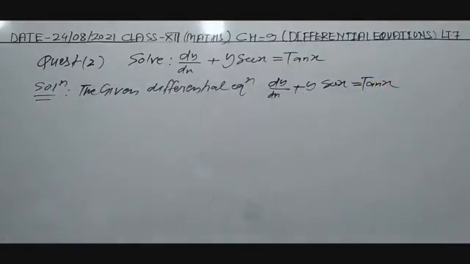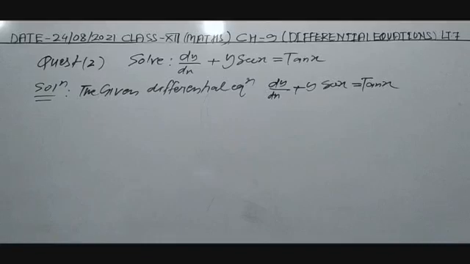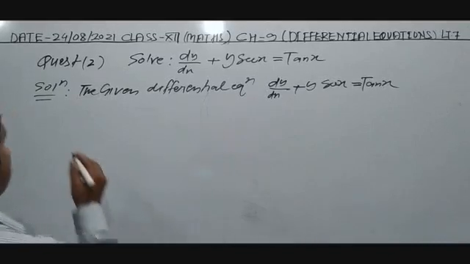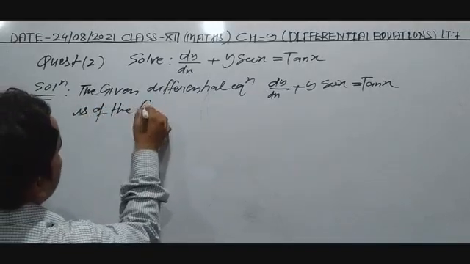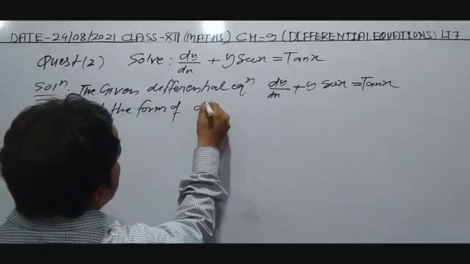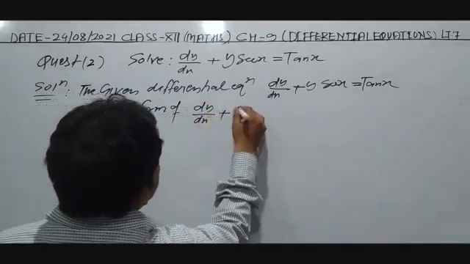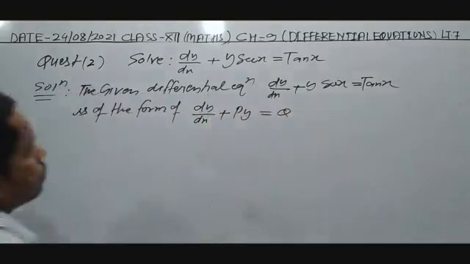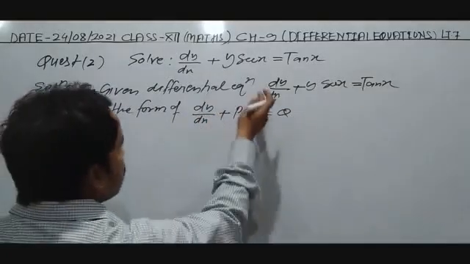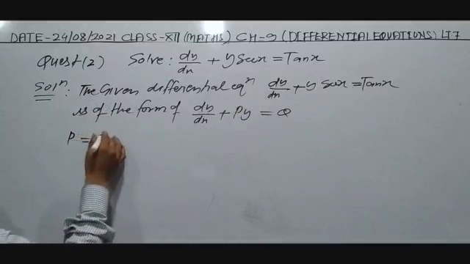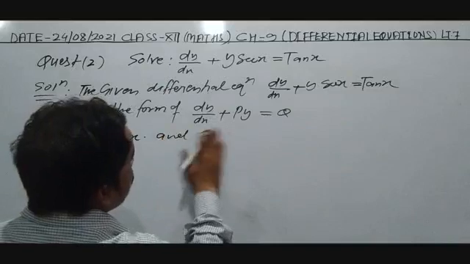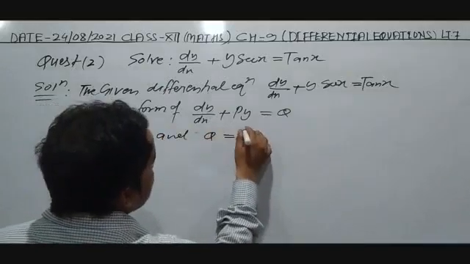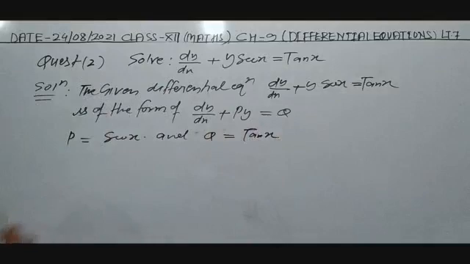Now when you compare it with the general form dy by dx plus py is equal to q, you can find the values of p and q. That is, p is equal to sec x, and q is equal to 10x.